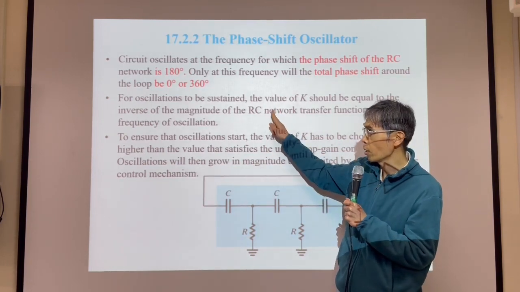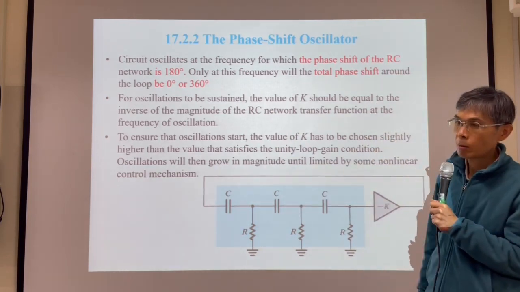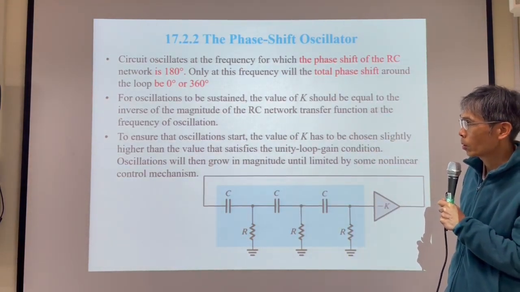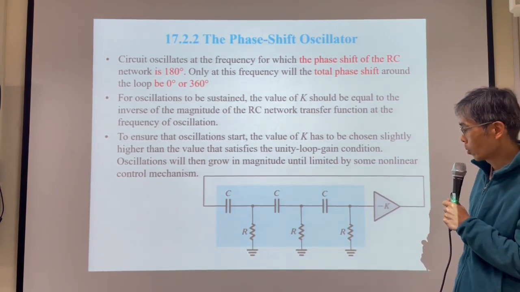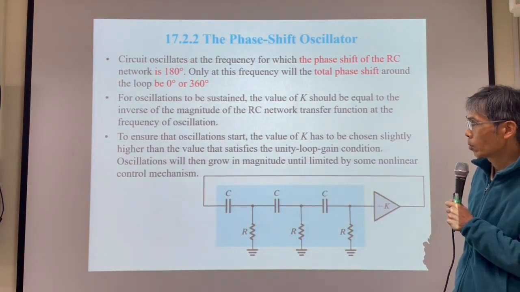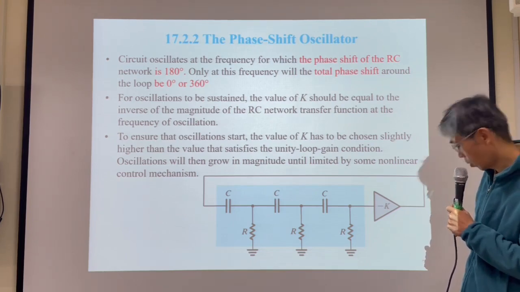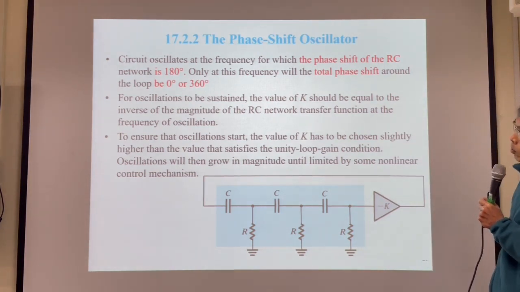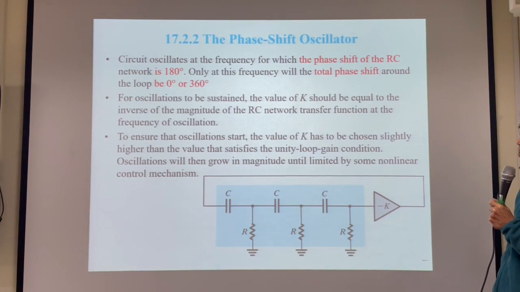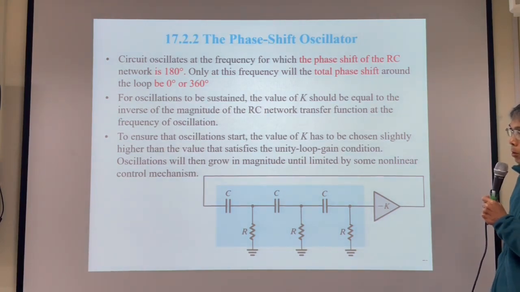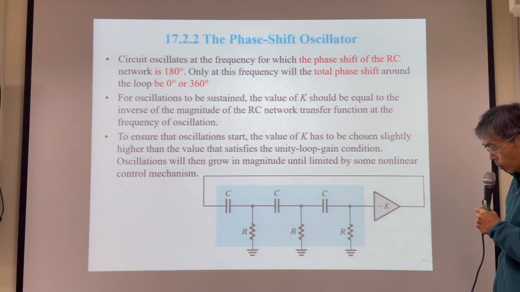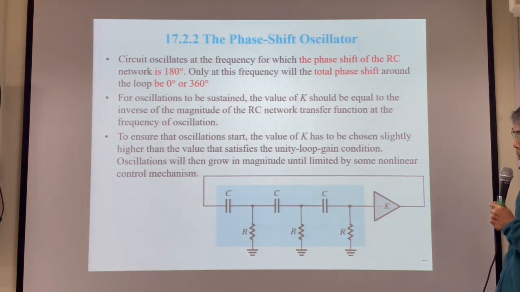Okay, can you explain again? The RC is the beta, and the gain times beta needs to equal 1 and the phase equal 0. K times the RC should be 1.